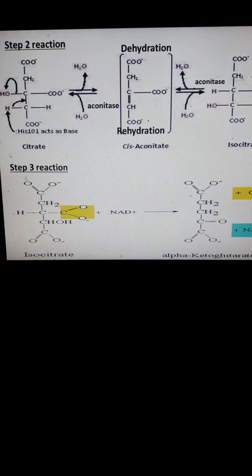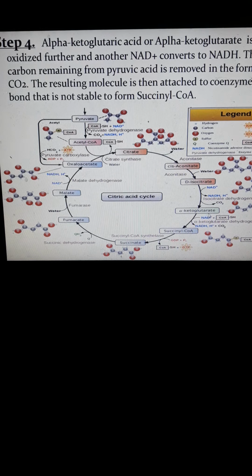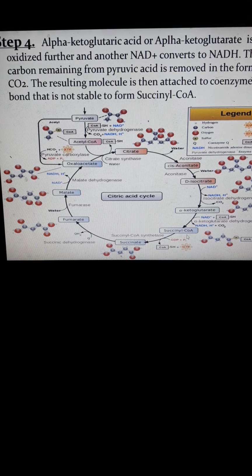Next, step number 3, the isocitrate plus NAD. So the product is alpha ketoglutarate or alpha ketoglutaric acid. It's almost the same, class. Okay, so step number 4, the alpha ketoglutarate or alpha ketoglutaric acid, take note, is further oxidized by another NAD plus that converts to NADH, that is an oxidation process.